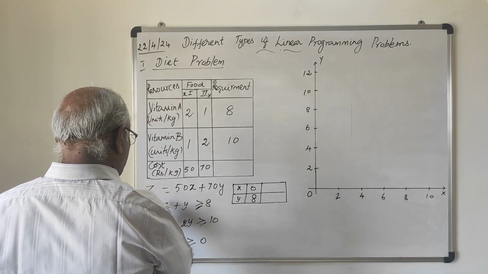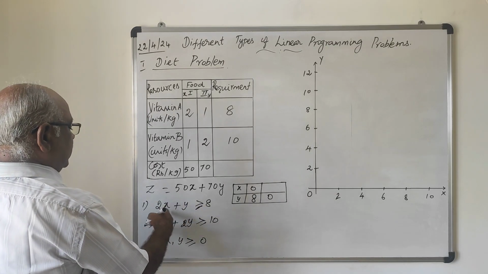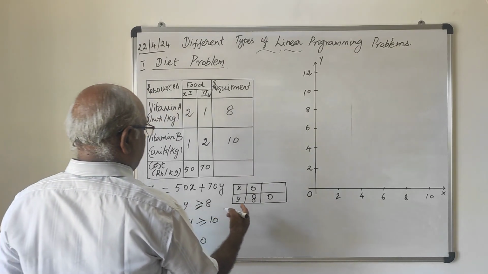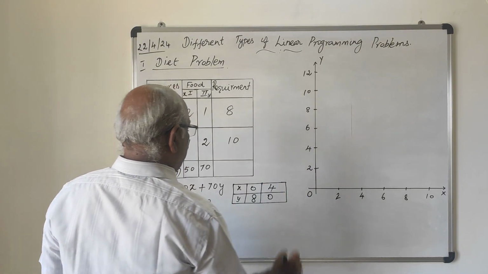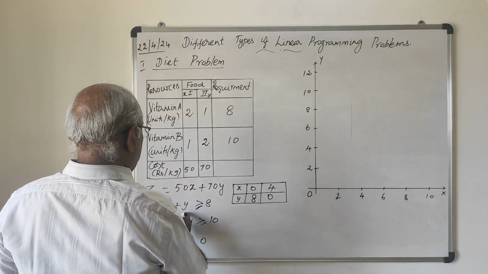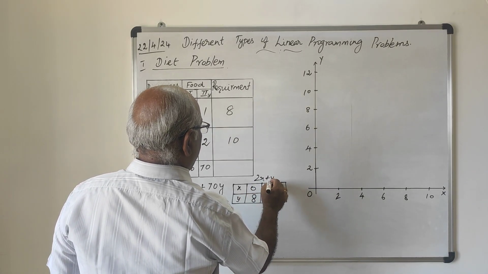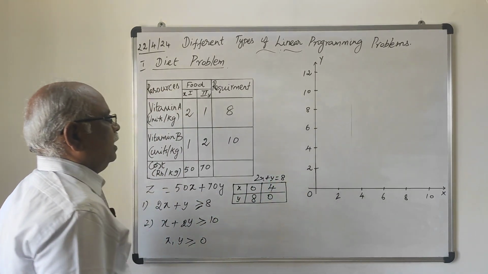Similarly, if you put y equal to 0, 2x equals 8, so x equals 8 by 2, which is 4. So this is the first line, 2x plus y equal to 8.